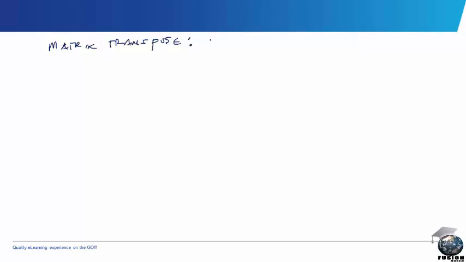Assuming we are given a matrix, for example, matrix A equal to 4, 6, 7, 9, and 2, 5. The transpose of a matrix is denoted as A transpose, with a small t on top.